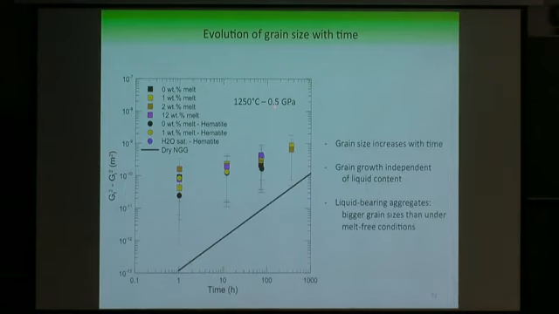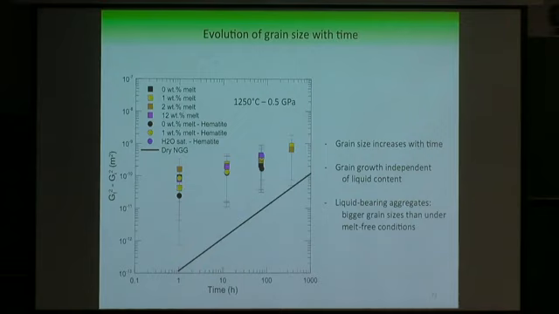As you can see, grain size increases with time. There doesn't seem to be a dependence of the grain growth kinetics on melt. As you can see here, you have a wide range of melt contents, and they seem to present the same grain sizes.